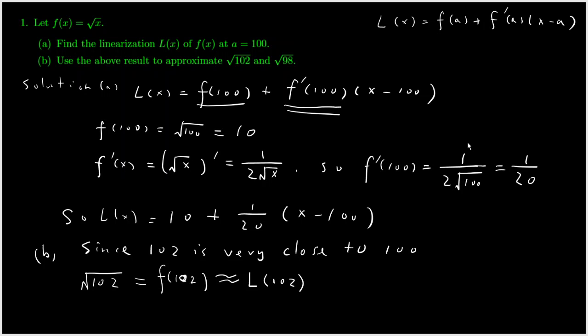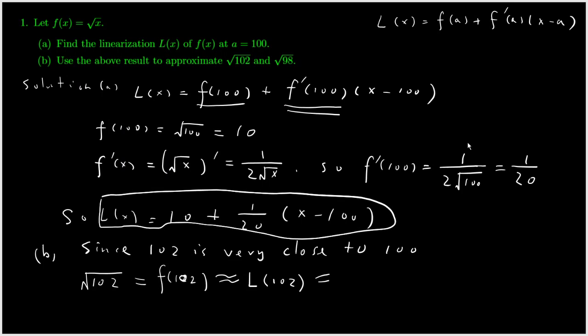Again, imagine you put away your calculator, or you have only a 4 function calculator. Now we can approximate square root of 102. So what is the value of the linear function at 102? The linearization, I'm going to box that, is here. Now for the value of the linear function at 102, all we need is to plug 102 into the linear function.